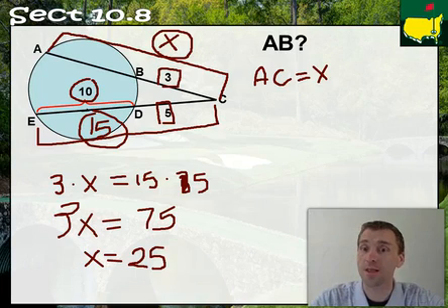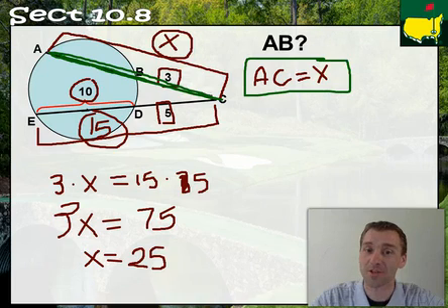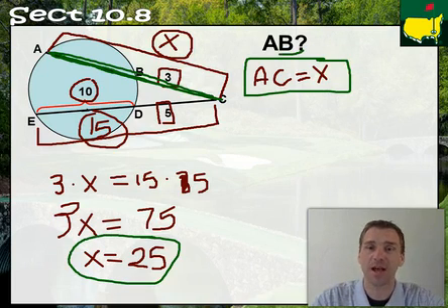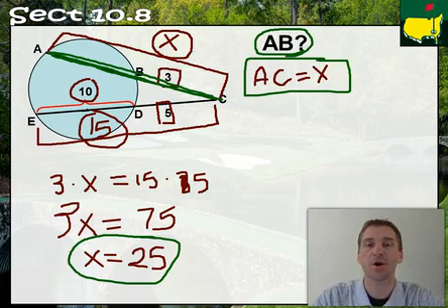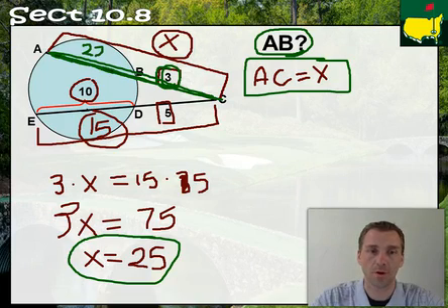Well, remember, in this example we let x be AC. That means this entire secant segment is 25. That's not my answer. The question was actually asking for AB. So I'd have to take 25, the whole length of the secant segment that I found, and subtract away this 3, which leaves me with my answer of 22.